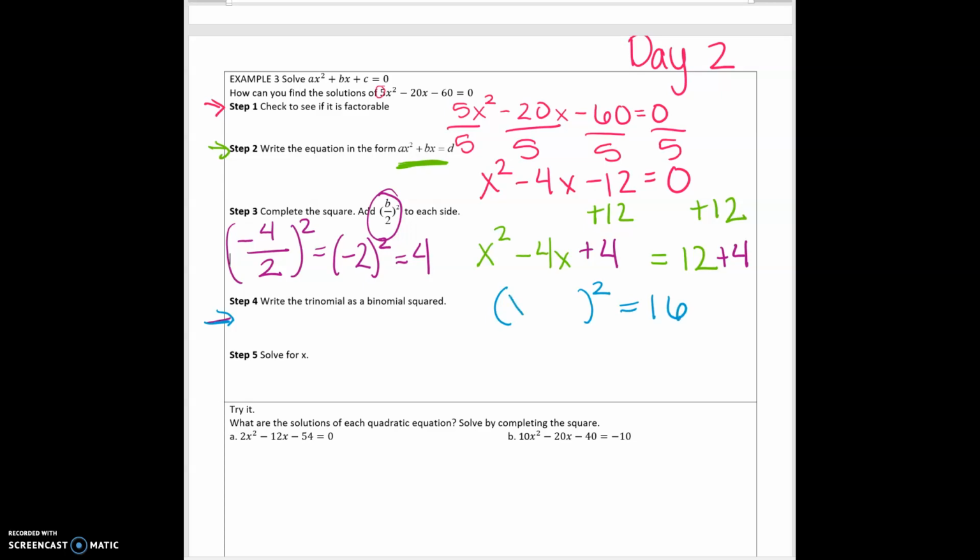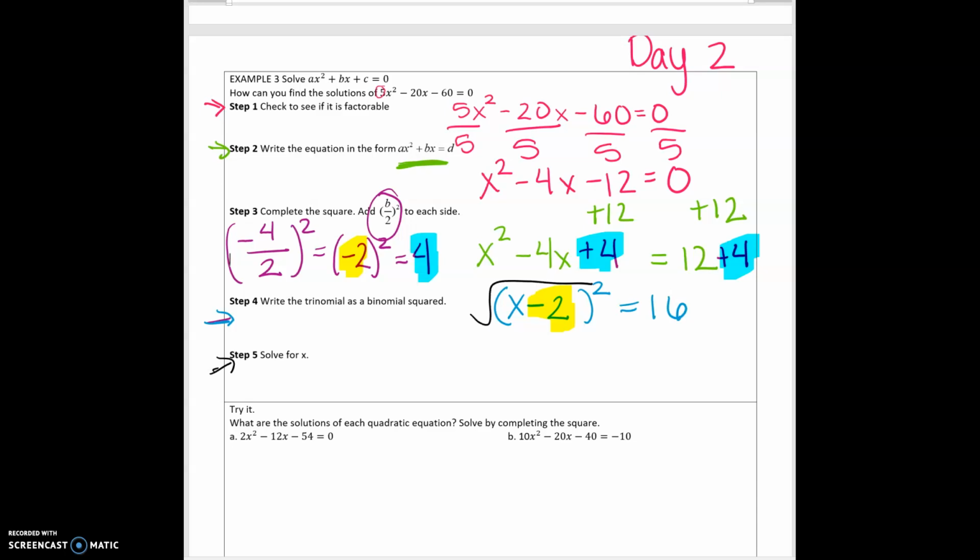And then if you remember, this number in here is whatever is in before you square it. So again, this number right here goes here, and then the 4 is what you added to both sides. And now we go ahead and we just solve for x.